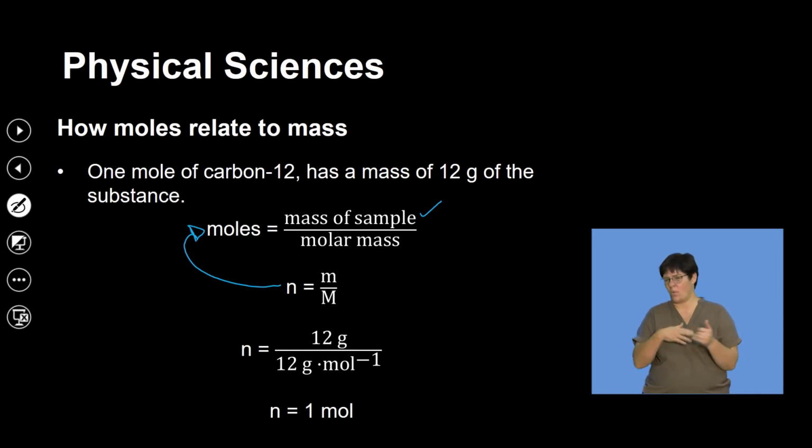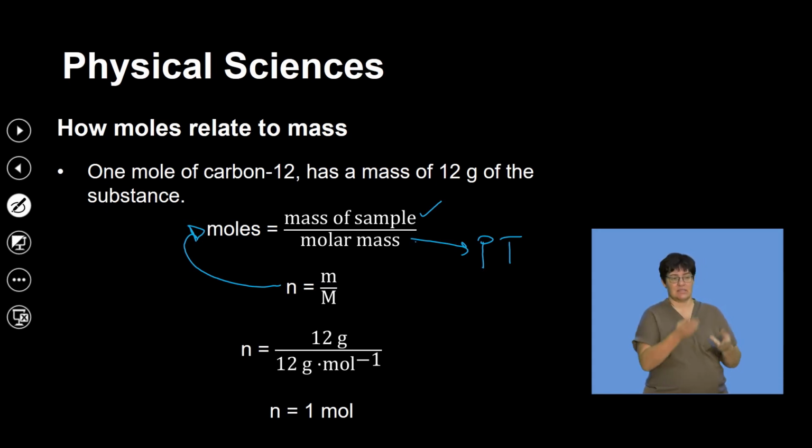It could be a glass of water, whatever mass it is. And the molar mass is the one that we get from the periodic table by calculating the total molecular masses of each of the substances that make up a compound.